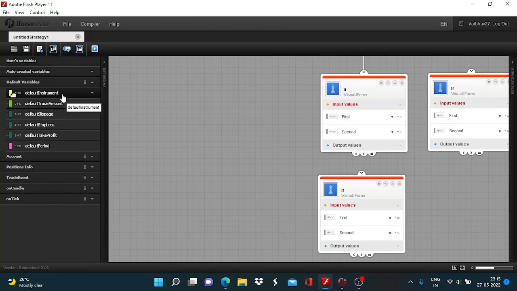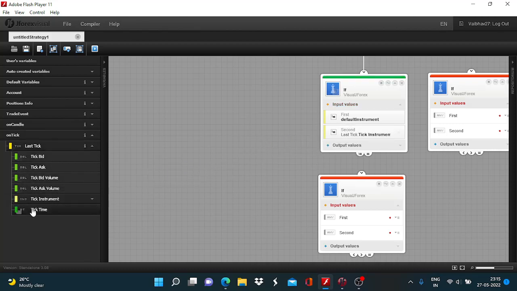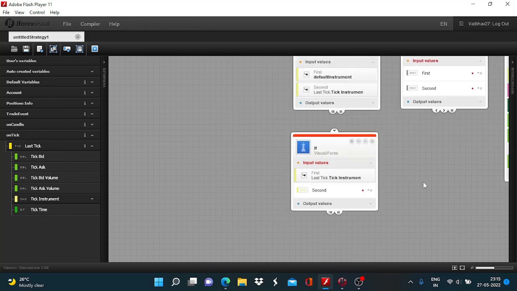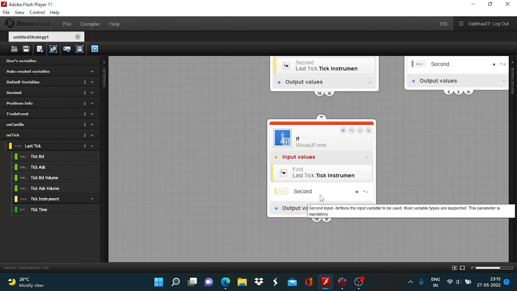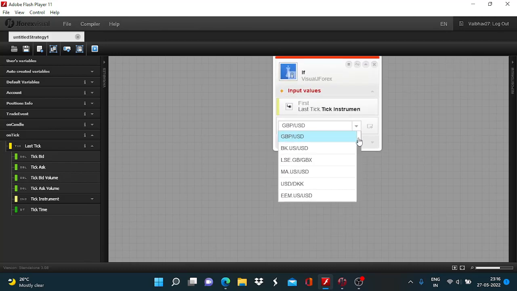Now coming to the default instrument, we will match it with the tick instrument. And the tick instrument will in turn be matched with the instrument of choice, which is going to be Euro USD.